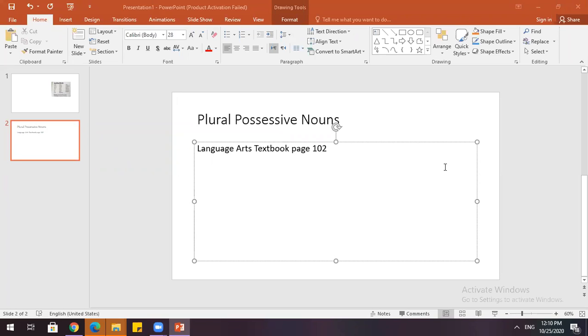Who would like to read? Miss, I don't have my book. Who doesn't have their book? Me. Amr, where's your book? Miss, we will write in the notebook. You don't have it now, or you don't have it in general? No, I don't have it in general. Why didn't you receive your language arts textbook? Miss, I have it, but I left it in Egypt.